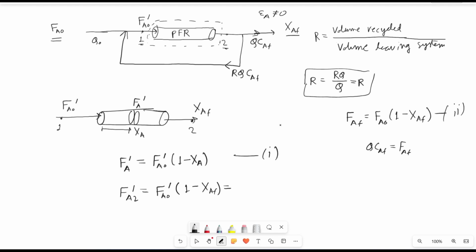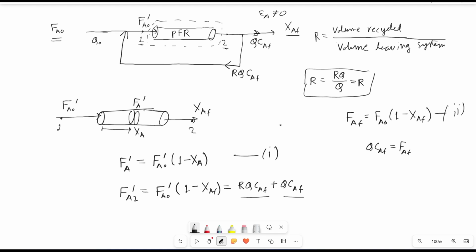Now, one thing to note is that the molar flow rate at point 2 will be RQ CAF plus Q CAF. This is the molar flow rate of A at point 2, which equals the term going to recycle plus the term leaving the system.